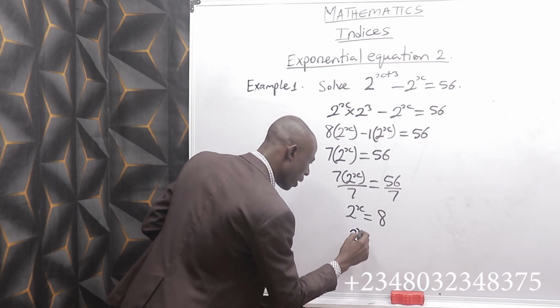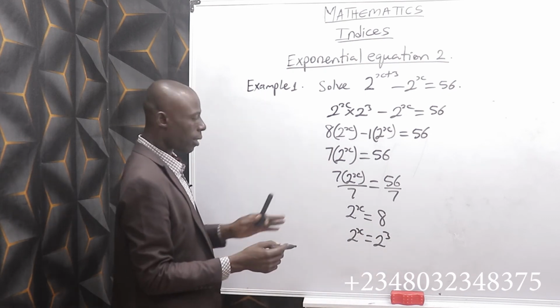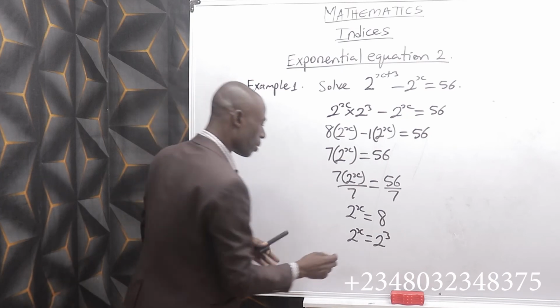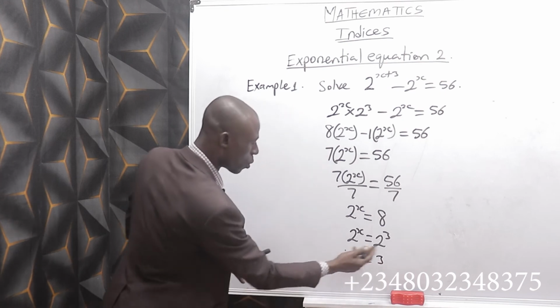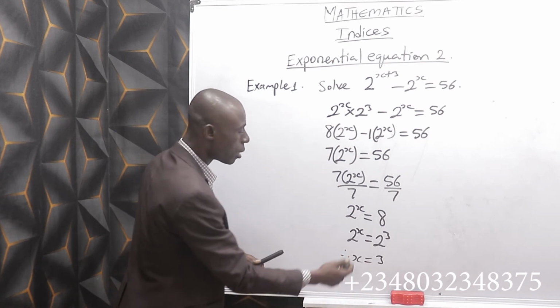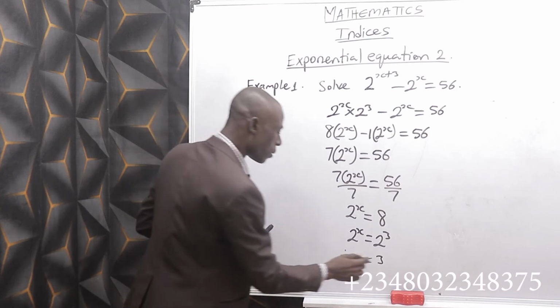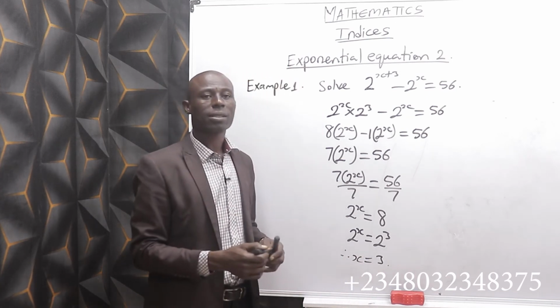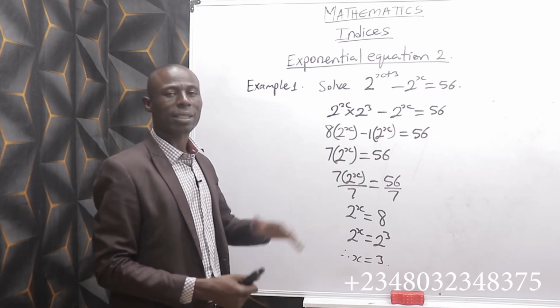So 2 raised to power x is equal to 2 raised to power 3. 8 is 2 raised to power 3. Therefore, x equals 3. Equal powers mean equal bases. Equal bases mean equal powers. That is the end of that. Now the end of example 1 under this.